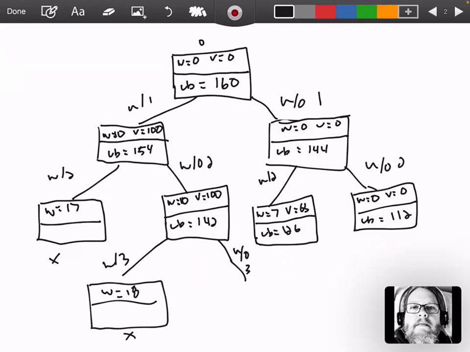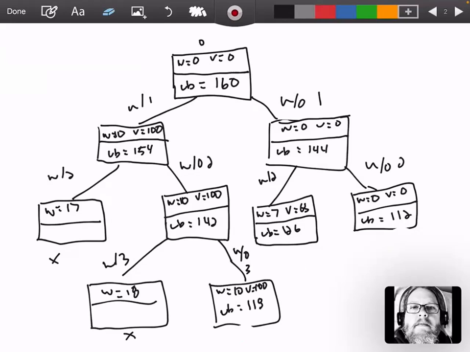Without the 3, we get a weight of 10, like we had before, a value of 100 as we had before, and an upper bound equal to 118. So we now compare this one and this one. We now see that this one is the one that we want to go with.